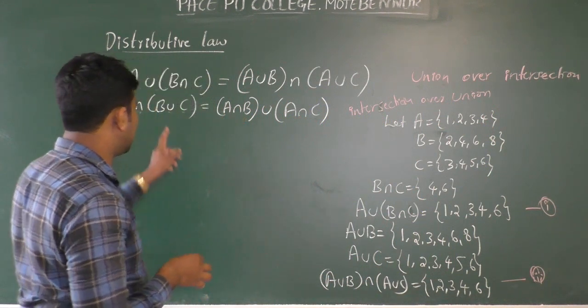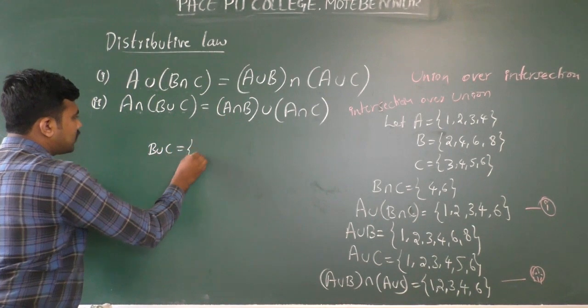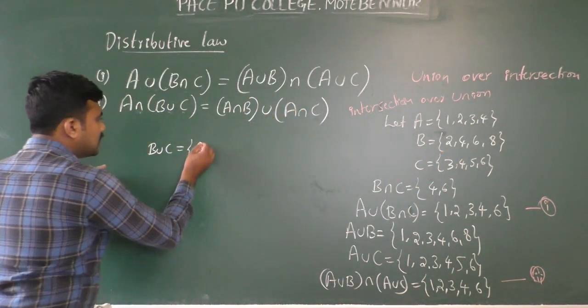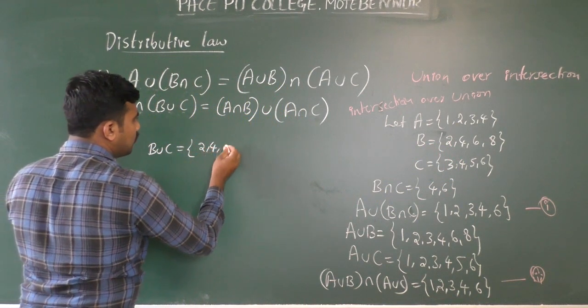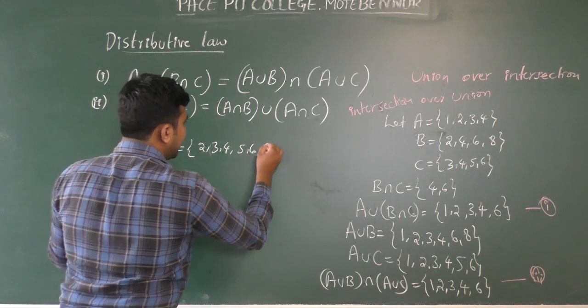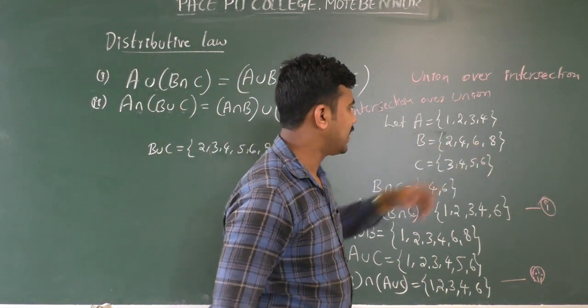First the LHS value. To find the LHS value we need B union C. So what is B union C? From these two sets, B union C is nothing but the set of all 2, 3, 4, 5, 6 and 8.